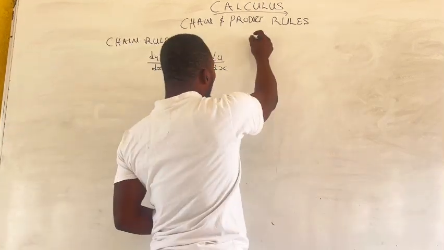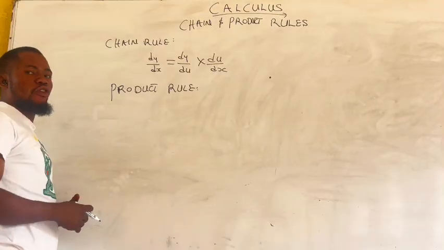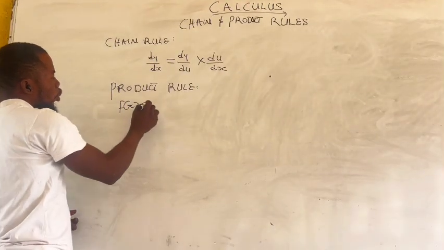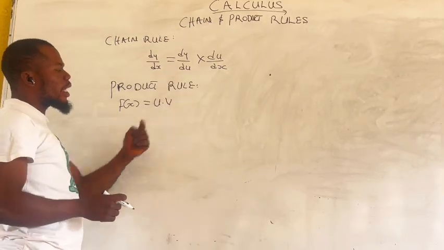So for the product rule, the formula we can use is if you are having two functions together. For example, f of x equals u multiplied by v. U here is multiplying our v.